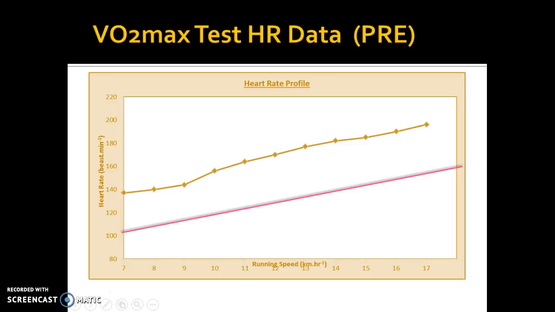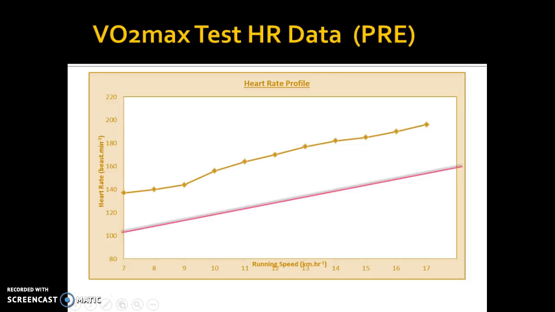The top line with the diamonds on it is the data received from the person doing the training, and the bottom line is what the graph would look like if the person underwent a 6 to 8 week aerobic training period.